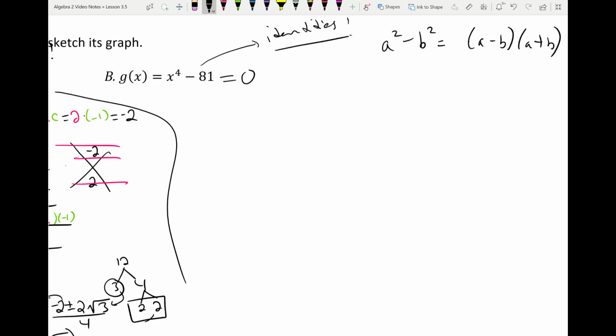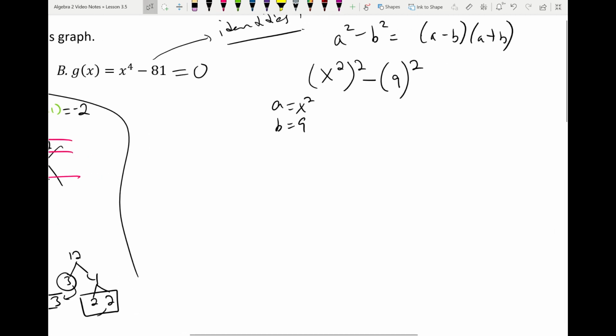In this case, we have x to the fourth, which can be written as x squared squared minus 9 squared. Now you know what your a is and what your b is. In this case, a is x squared, and b is 9.